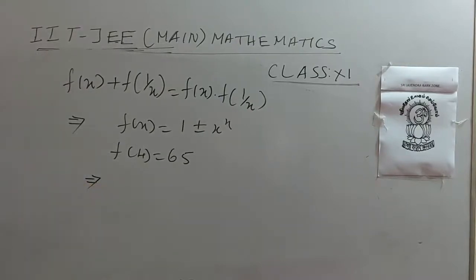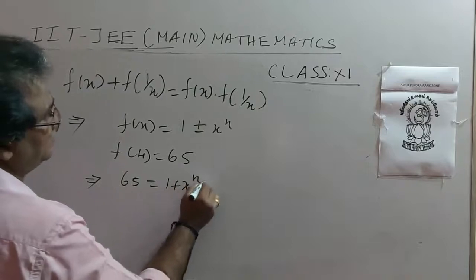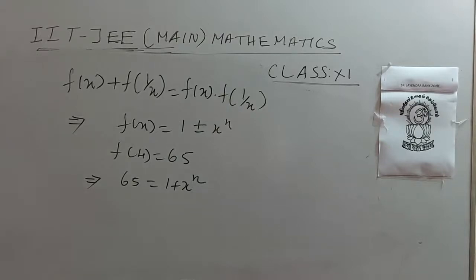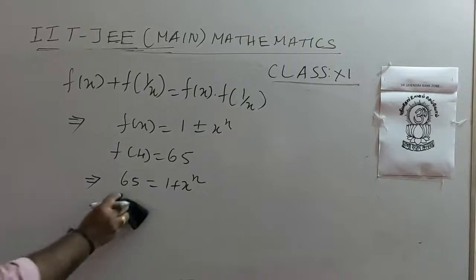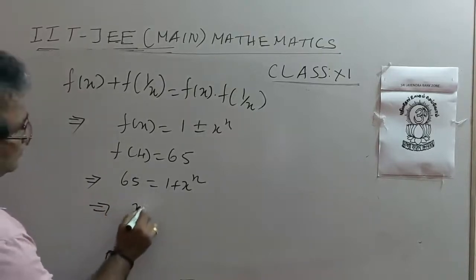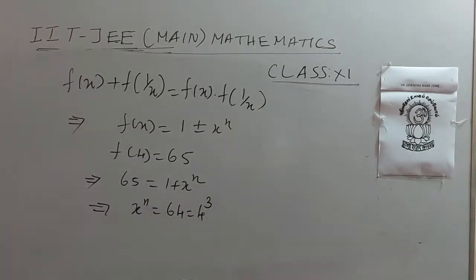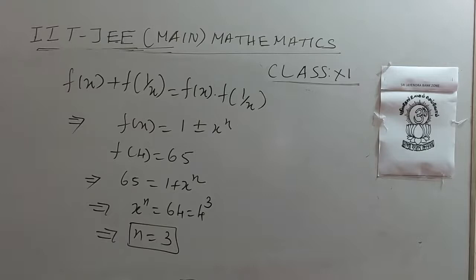Since this is a positive value, 65 equal to 1 plus x^n, so x^n equal to 64, that is 4 power 3, which implies n equal to 3.